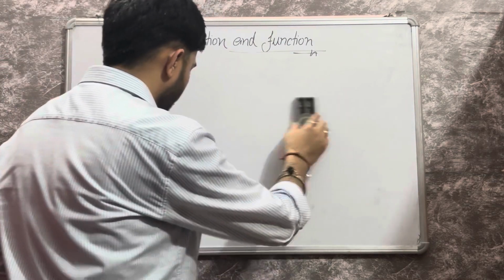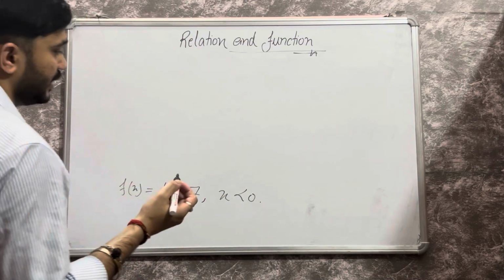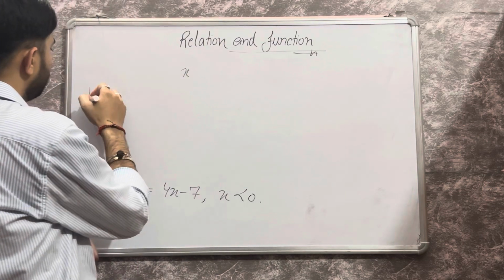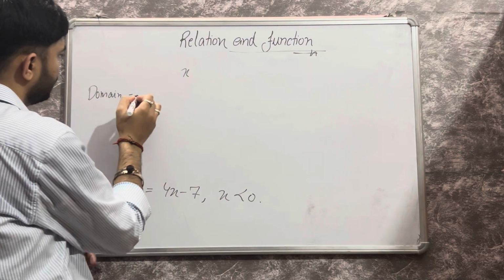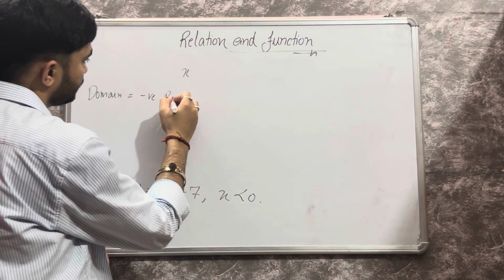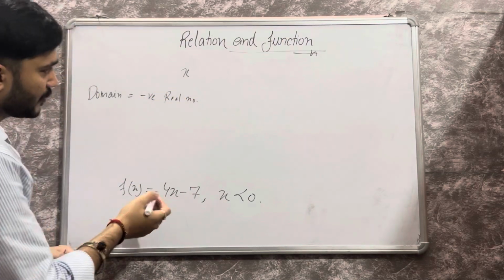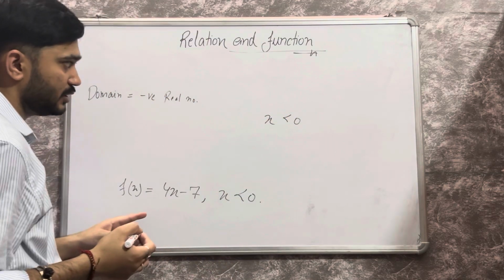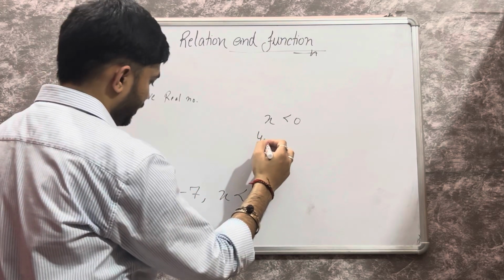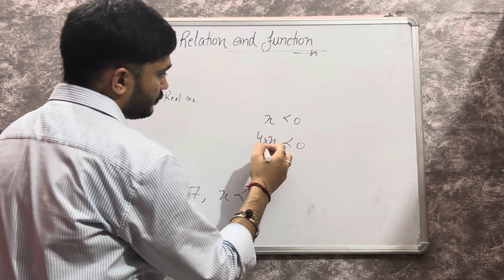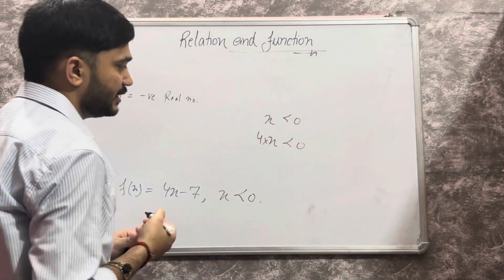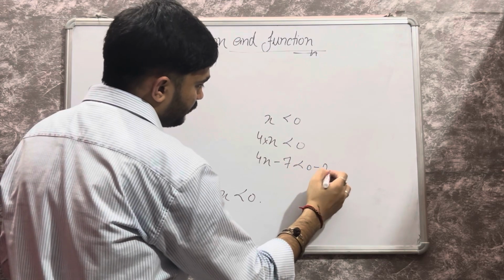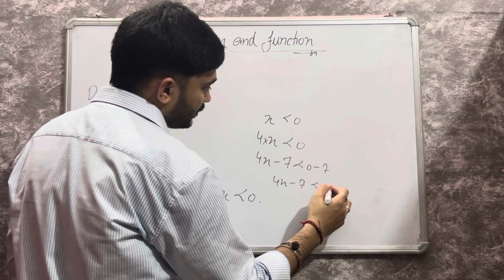Now moving forward to the last question, what if the function is 4x minus 7? Here we can see that the domain is going to be negative real numbers, and for the range, since we know that x is less than 0, when we multiply a positive number with x less than 0, it is going to be less than 0, and if we subtract 7 from both sides, we are going to have 4x minus 7 less than minus 7.